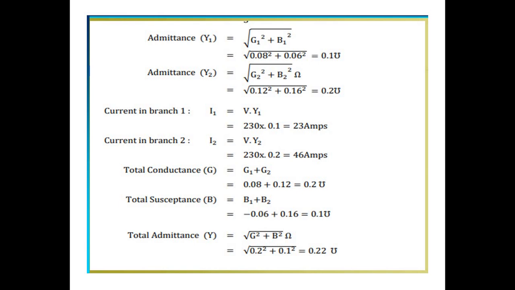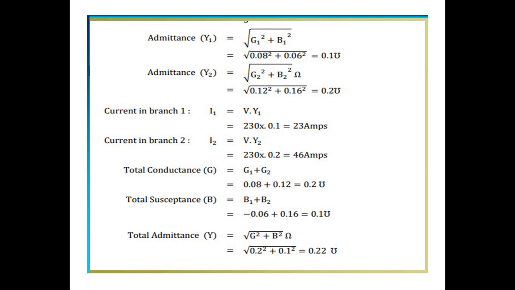Here branch current I1 is equal to V into Y1, 230 into 0.1, 23 amps, and then branch current I2 is equal to V into Y2, that is equal to 230 into 0.2, 46 amps.